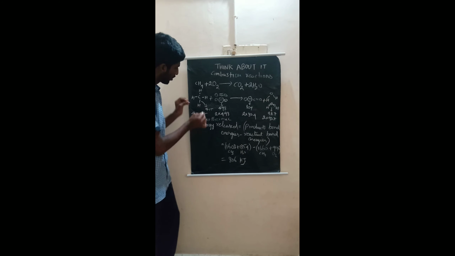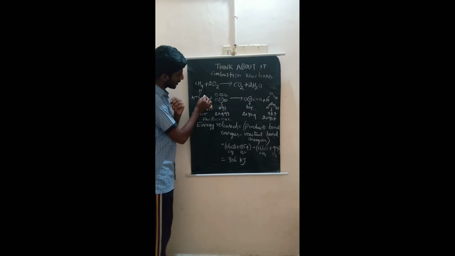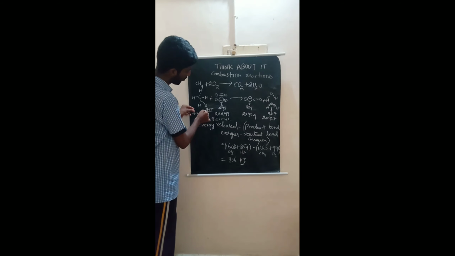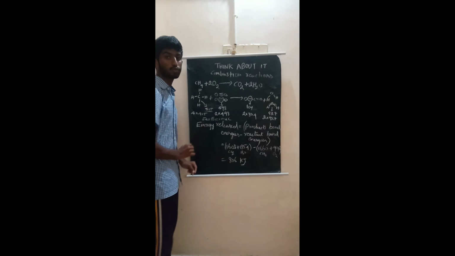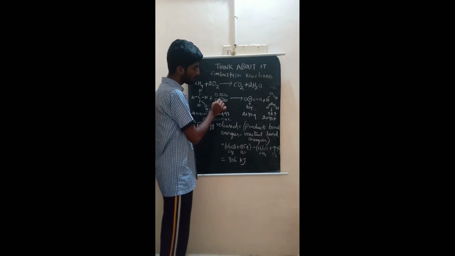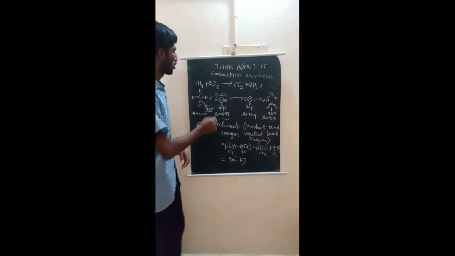For example, in methane, if we want to break one CH bond, we have to give 415 kilojoules of energy. In an oxygen molecule, to break the one double bond, we have to give 498 kilojoules of energy.